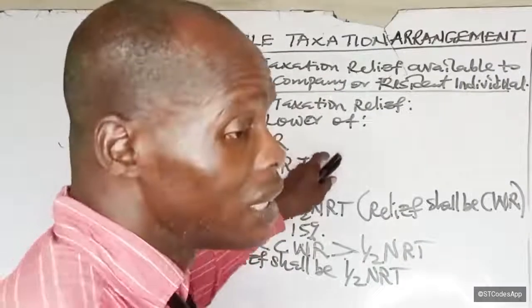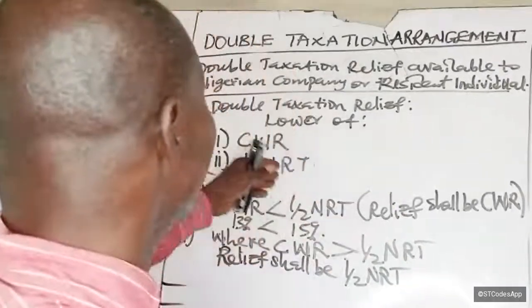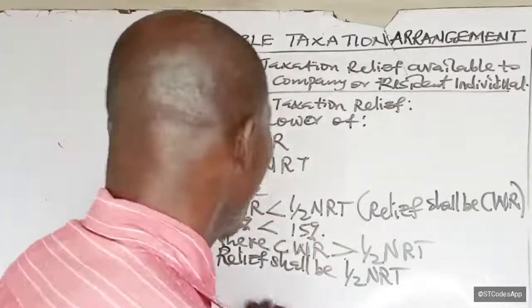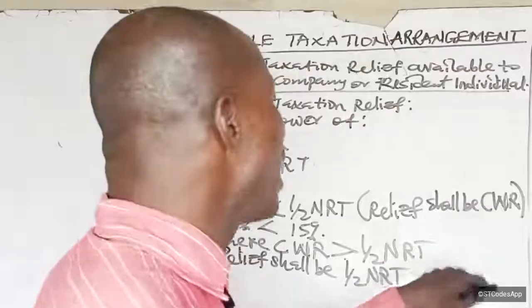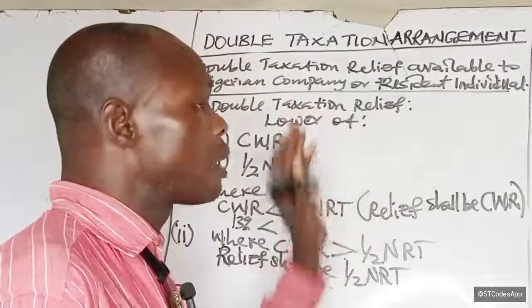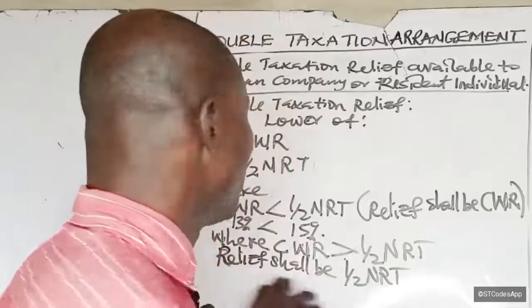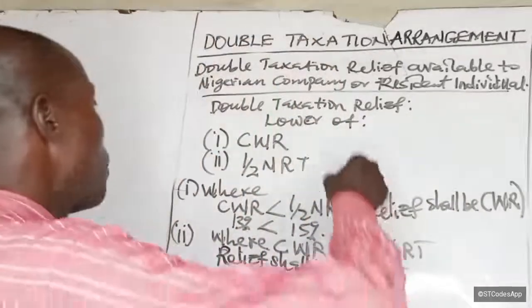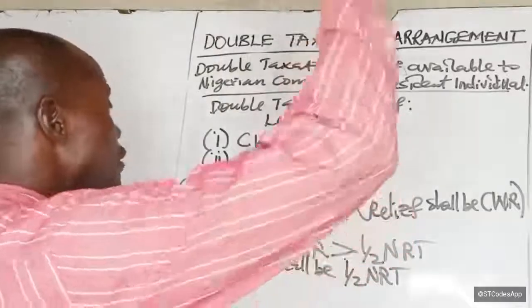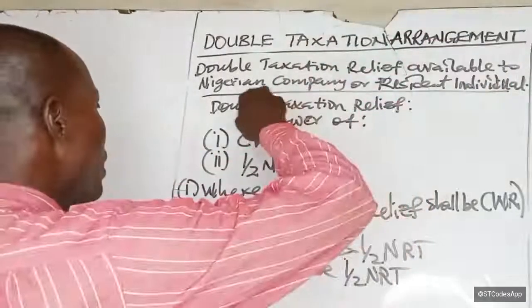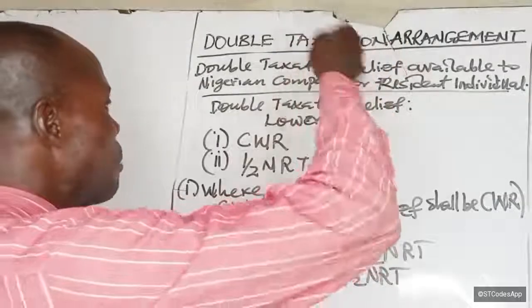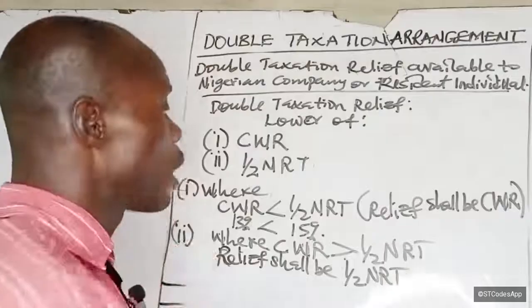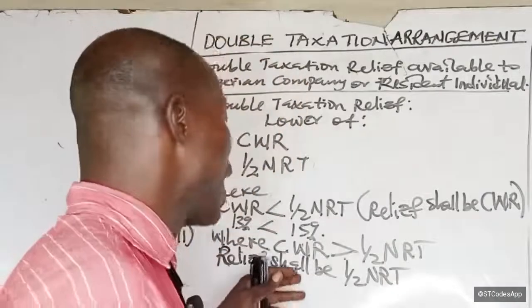A non-Nigerian company is any company incorporated under any law other than Nigerian law, not under CAMA, not registered by CAC.